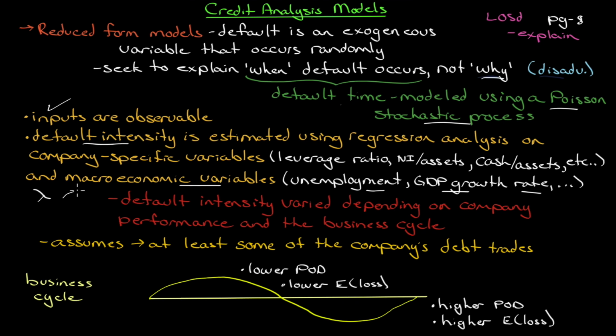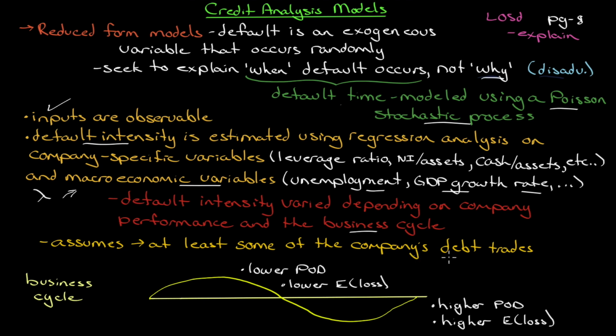So it is tied to the business cycle, which makes the reduced form model attractive, saying that there is something about the default intensity that is related to the state of the economy, and we know that defaults on debt are related to the state of the economy. So I like that a lot better, right? Default intensity varies depending on company performance and the business cycle.